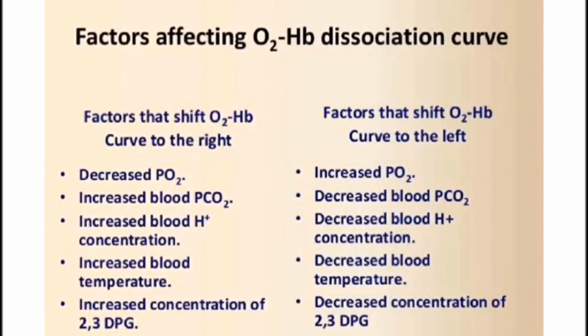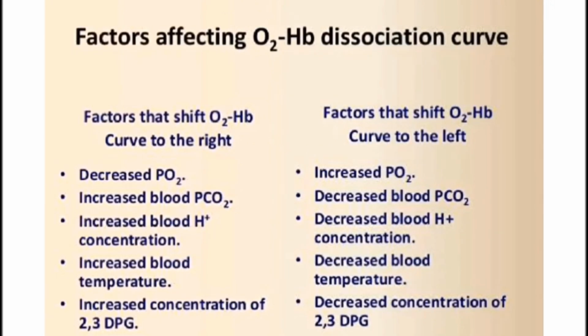What are the factors affecting the oxygen hemoglobin dissociation curve? There are several factors. The first thing you have to keep in mind is that the right shift is mainly due to decreased PO2. In a left shift, it is increased PO2. There are several factors, not only oxygen. The concentration of carbon dioxide, the H plus concentration, the temperature, and also other factors like 2,3-DPG, fetal hemoglobin, myoglobin, carbon monoxide, and anemic state can affect it.